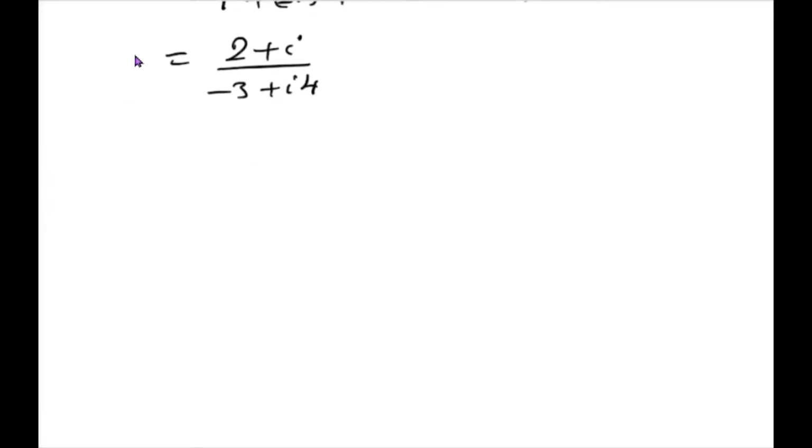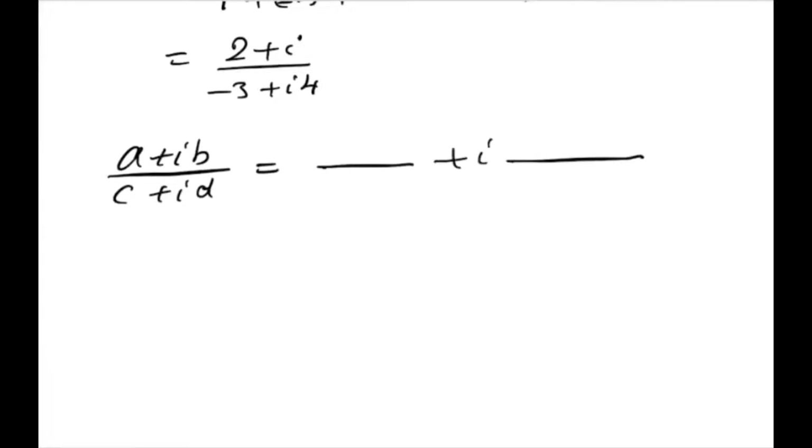In order to express this in the form x + iy, use this method. Suppose you have (a + ib) upon (c + id). The denominators of both the real part and imaginary part will be c square plus d square, that is the sum of the squares of real and imaginary parts of the denominator.